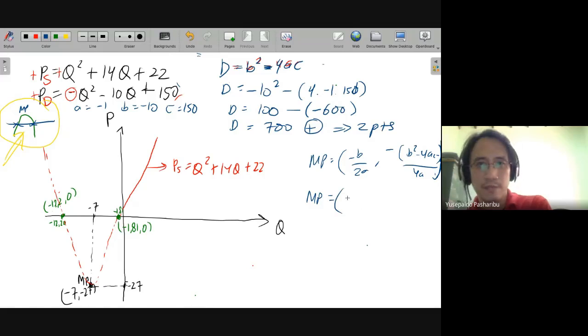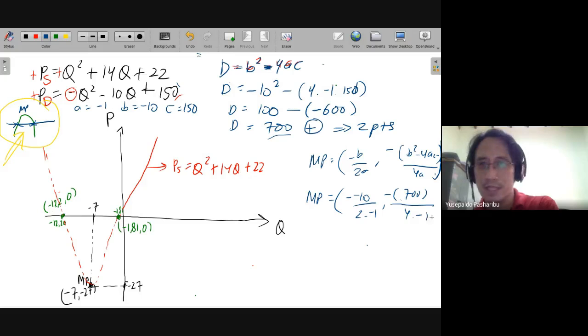So this is equal to minus B, minus 10, divided by 2 times minus 1, and minus B squared minus 4AC, which is the discriminant, so this is 700, divided by 4 times minus 1.